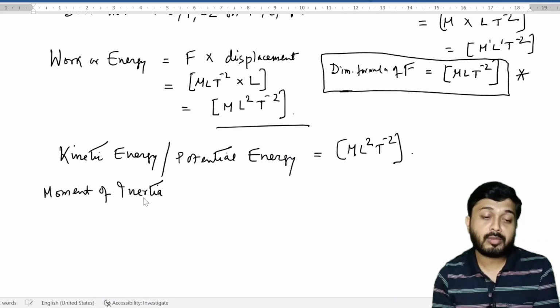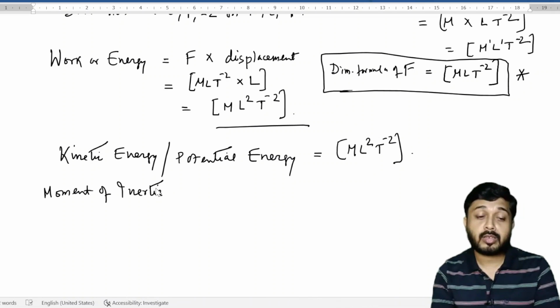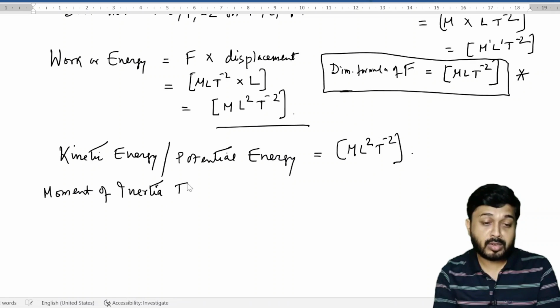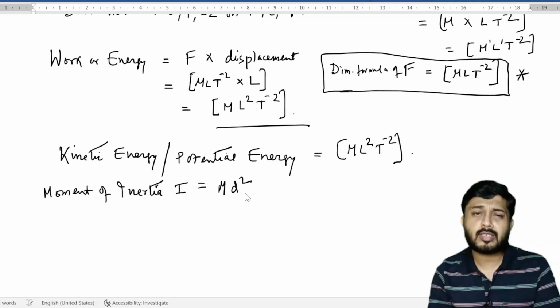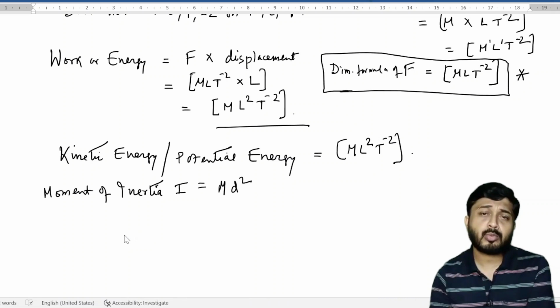You might not have heard of it yet if you're just in the beginning of class 11 and watching this video. What is the formula for moment of inertia? It is denoted by capital I. Moment of inertia is actually M into d square. d is just a distance, actually the distance from the axis of rotation.